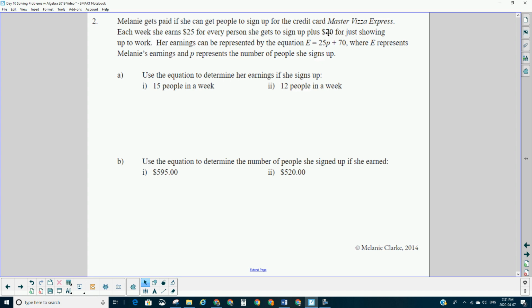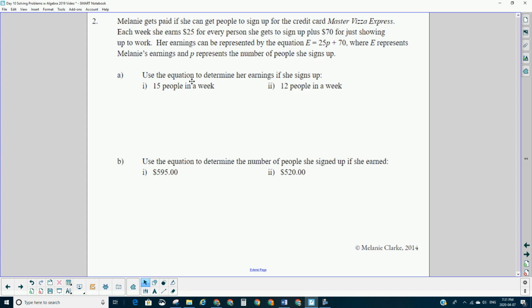Melanie's going to get $70 regardless of whether she sells anything, but she has the incentive to sell more, because the more people she gets to sign up, the more money she makes. So her earnings then is 25 times P, where P is the number of people she signs up. She gets 25 for each person she signs up, plus the $70 flat rate.